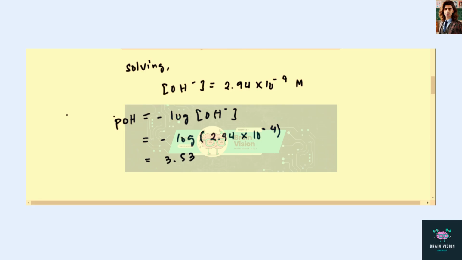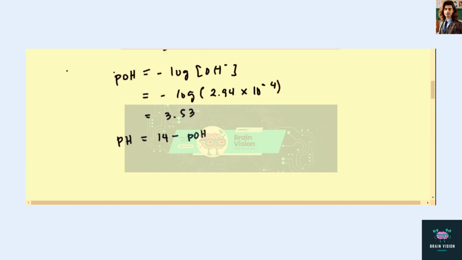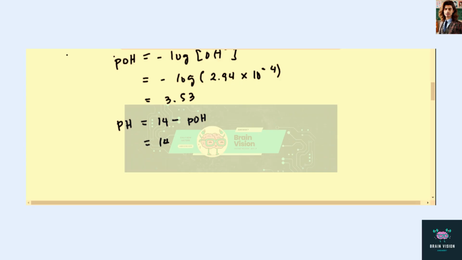And under standard conditions, we know that pH is equal to 14 minus pOH. So that will be 14 minus 3.53, and that's equal to 10.47. Hence, this is the pH of the amphetamine solution.